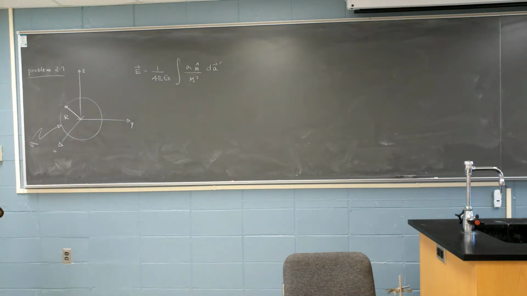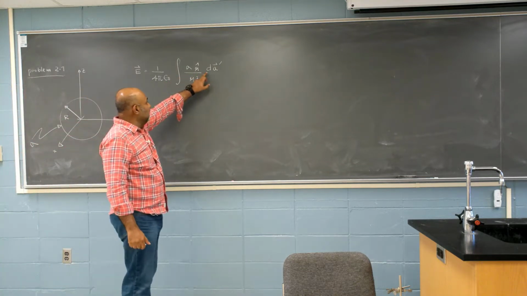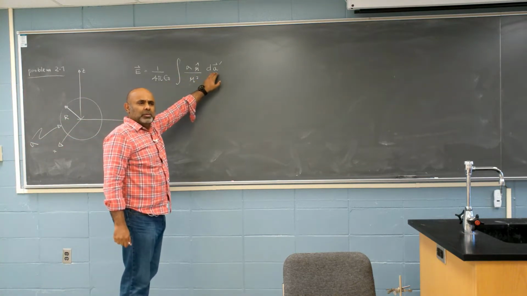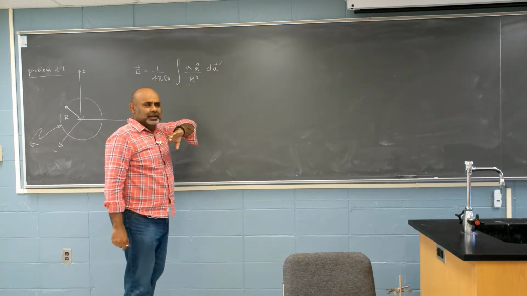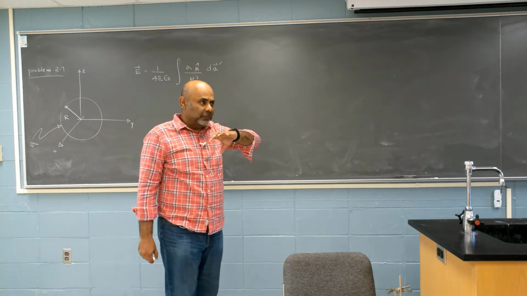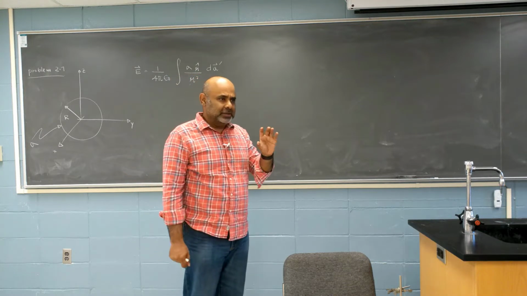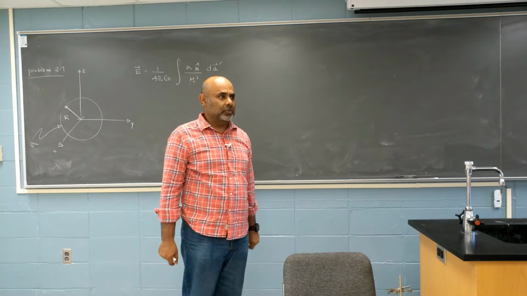Correct? Q has been replaced by sigma dA prime, and we want to know exactly what that means, prime, and so on and so forth. And this is the first time we'll actually do a physics problem where there's a distinction between primed and unprimed coordinates.